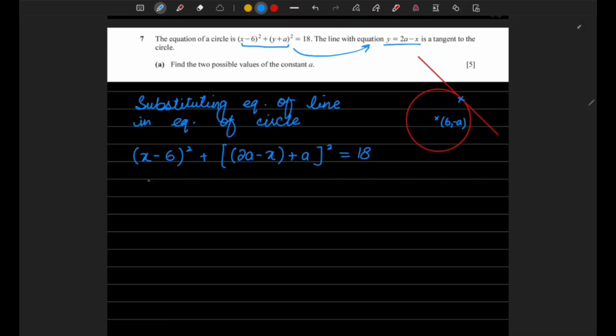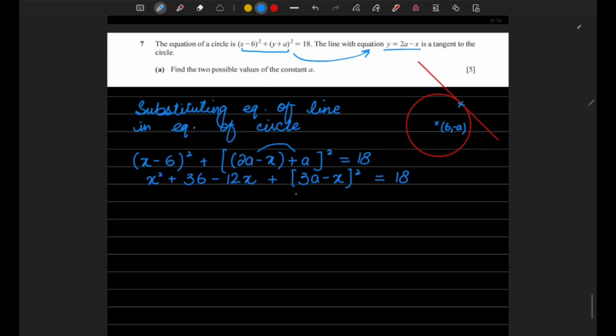Now it will give you x squared plus 36 minus 12x, plus, 2a plus a gives you (3a minus x) whole squared, equals 18.